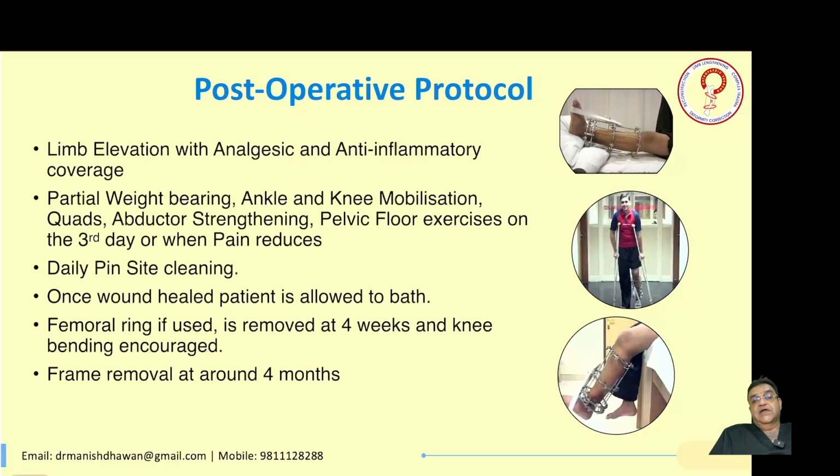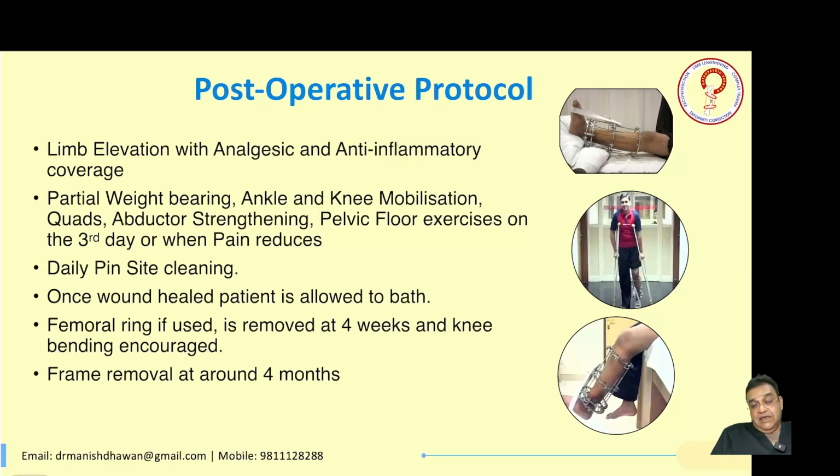Partial weight bearing is started as soon as the patient is free of pain, or on the third or fourth day you can start with a walker or crutches. Ankle and knee mobilization, quadriceps and abductor strengthening, and pelvic floor exercises are started on the third day. You have to do daily pin site cleaning. Once the wound is healed, the patient is allowed to take a bath.